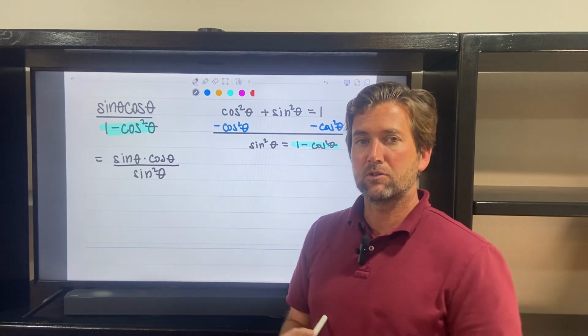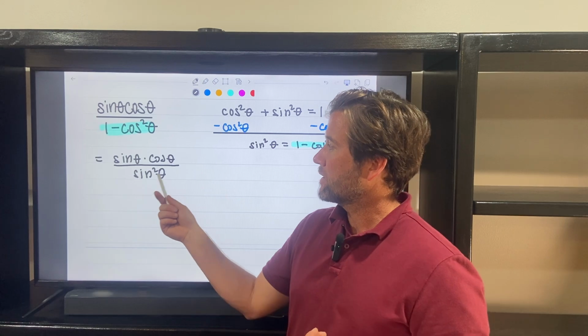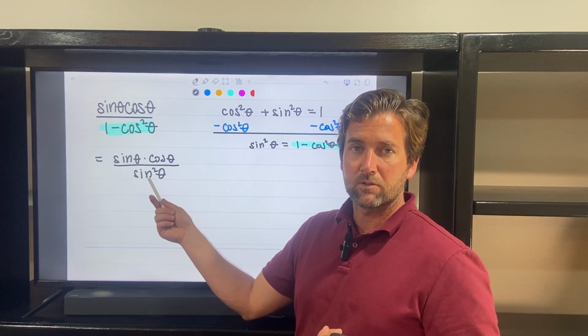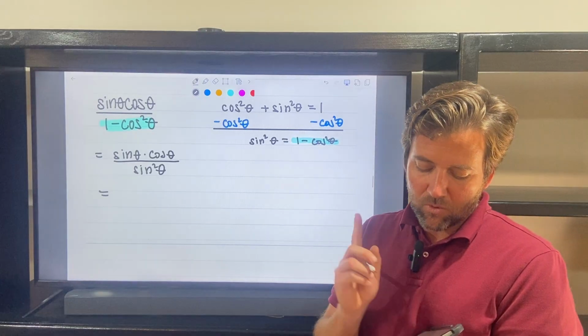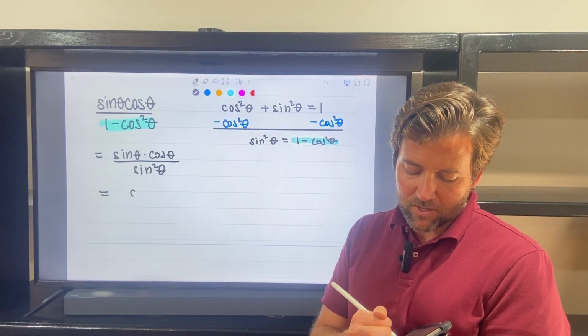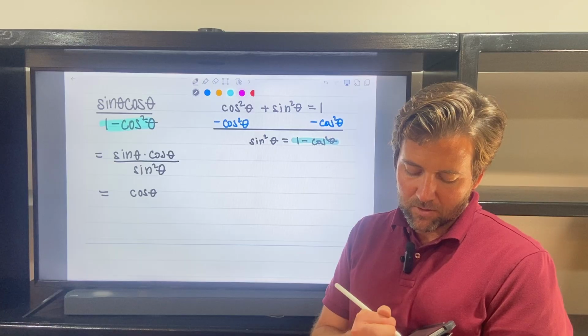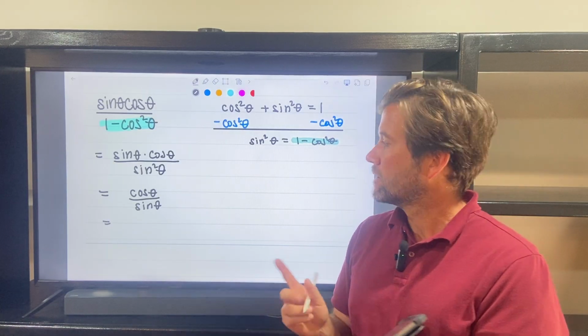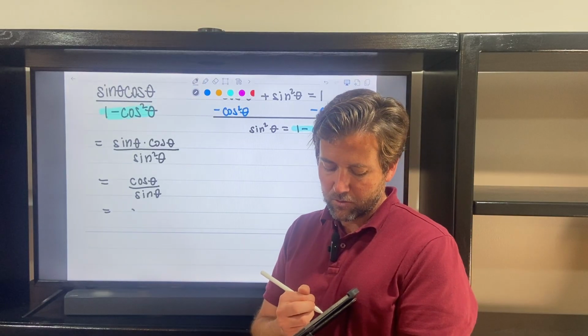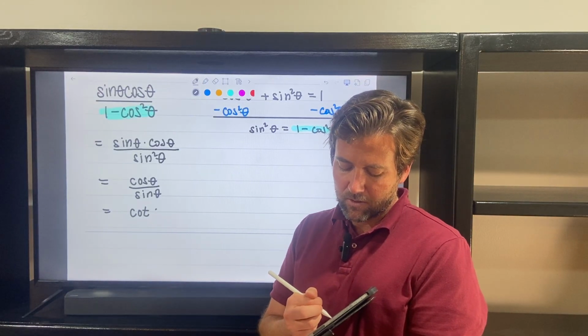Those are your factors in your numerator. And I have sine of theta times itself, so I have sine of theta squared there. So I can cancel one of those factors of sine of theta, and I get cosine of theta over sine of theta. That is equivalent to the cotangent of theta.